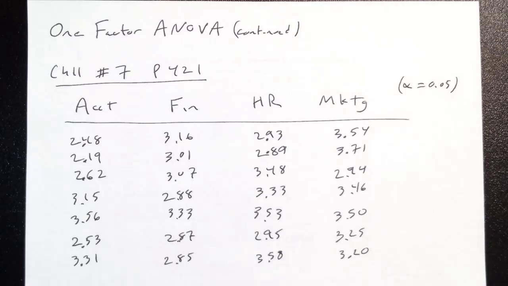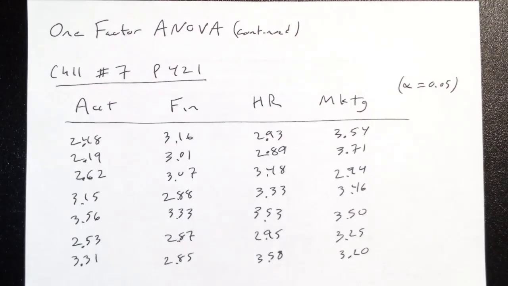So I want to know if one or more of these programs are substantially different in difficulty from the others. Do students in one of these have a clearly higher average GPA or lower average GPA?